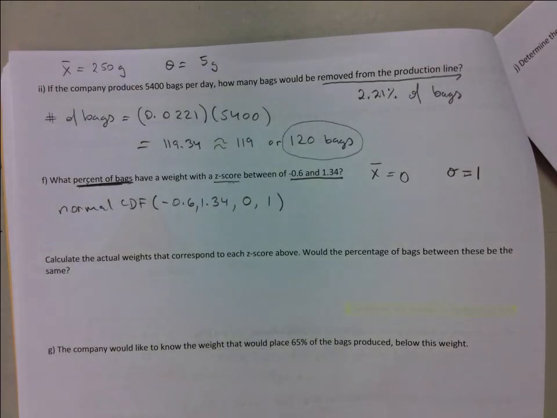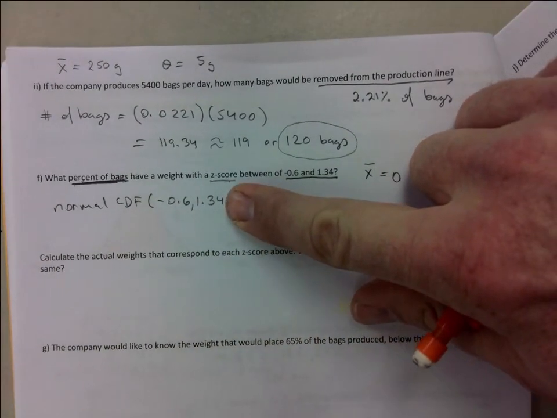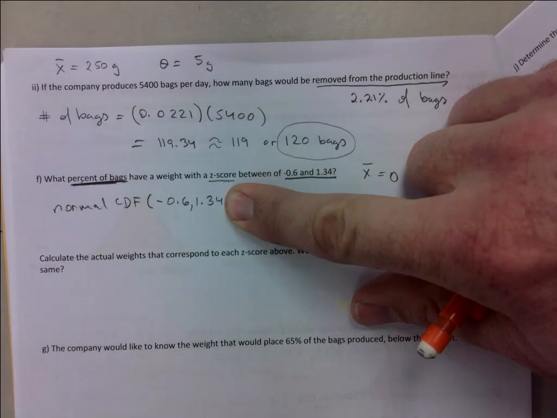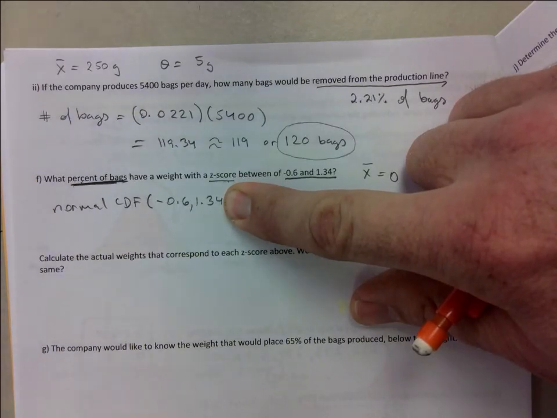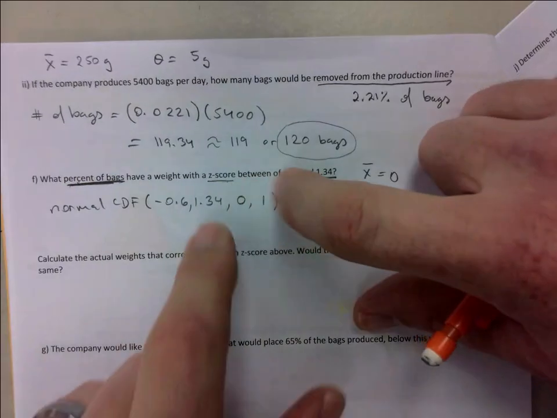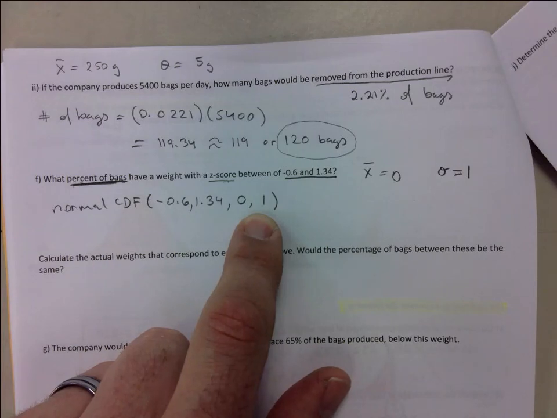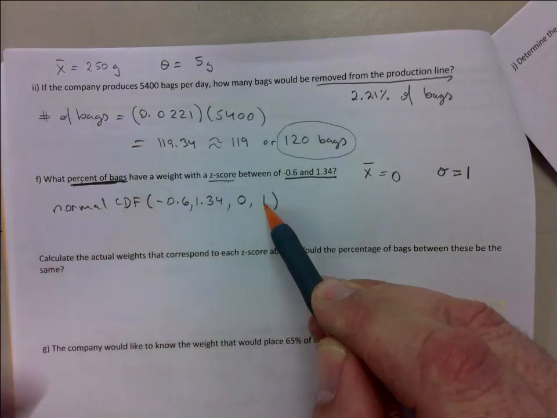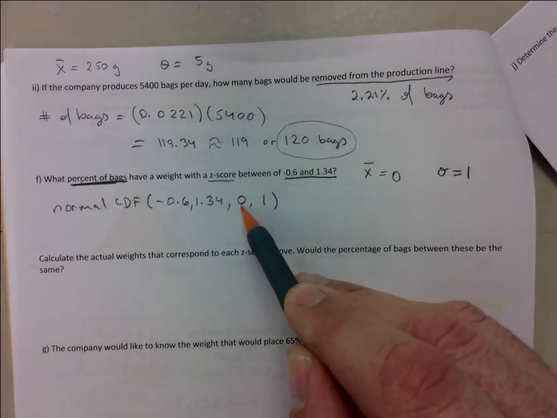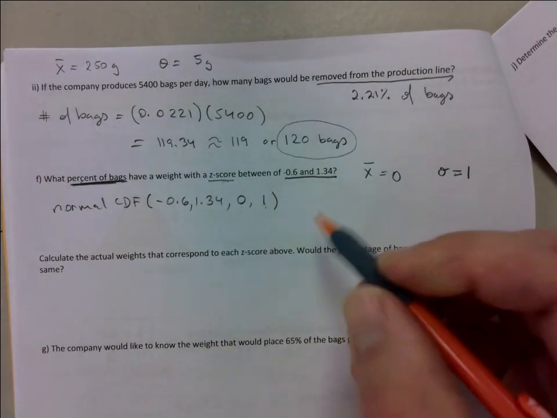Anyways, if you just do this with normal CDF, you close the bracket and just hit enter, it's going to assume the mean is 0 and the standard deviation is 1. It's just going to assume that's default. So if you want to omit this, you can. I would strongly suggest against it, because then you'll forget to do this part with the other questions where the mean is not 0 and the standard deviation is not 1. But you may do that, okay?